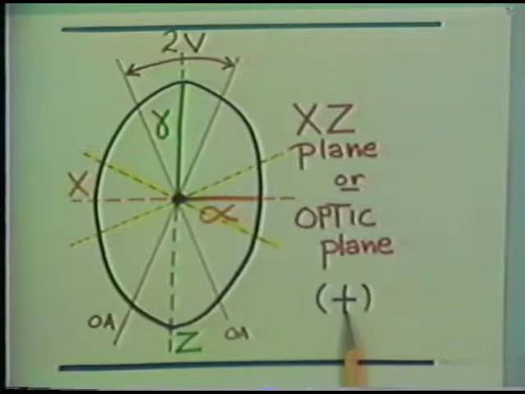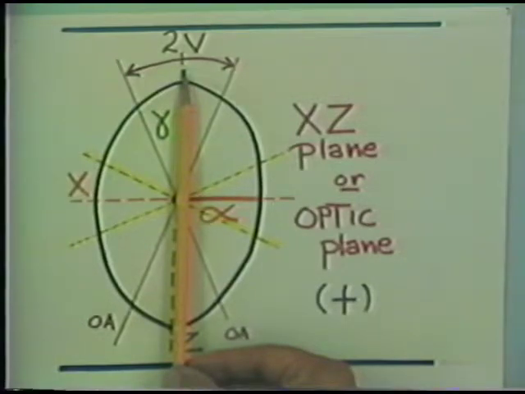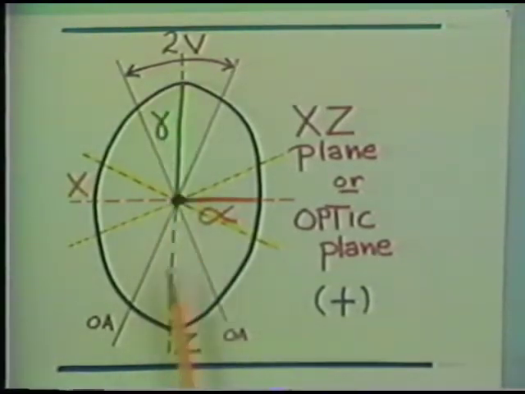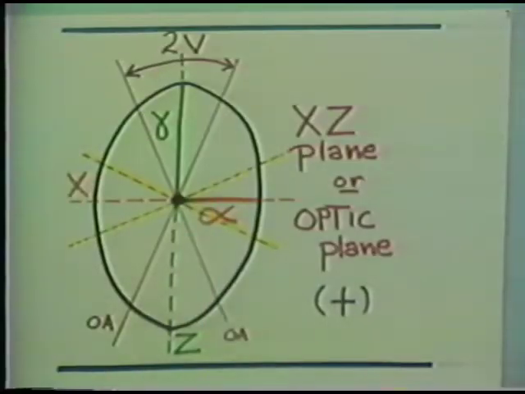And if the mineral is positive, then the vibration direction which bisects the 2V angle is the Z vibration direction. Okay? This is the 2V angle in a positive biaxial mineral.